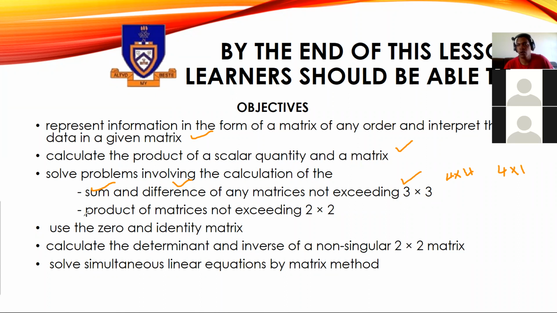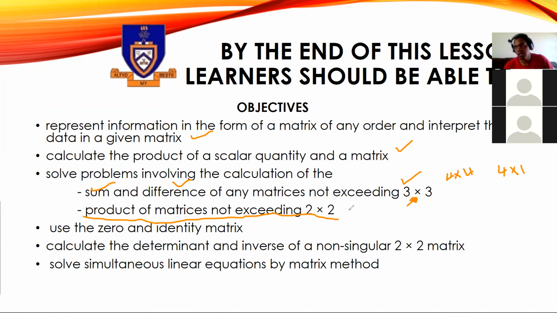And then today we are going to look at the product of a matrix not exceeding 2 by 2, all right? And by not exceeding 2 by 2, we are trying to explain that when we are calculating, most of the time, we will limit it to this. But for the examples that I have, it may even sometimes go to 3 by 3, but the calculations are a little bit longer than a 2 by 2.